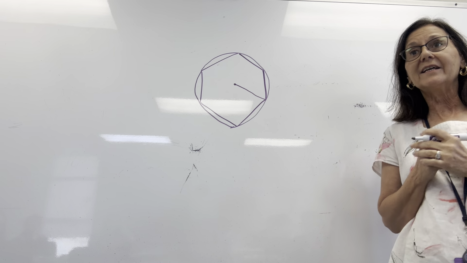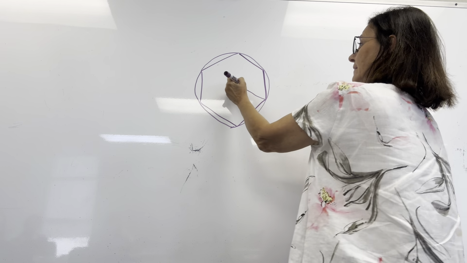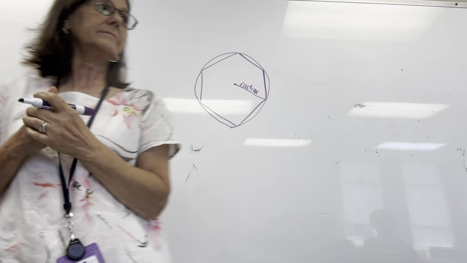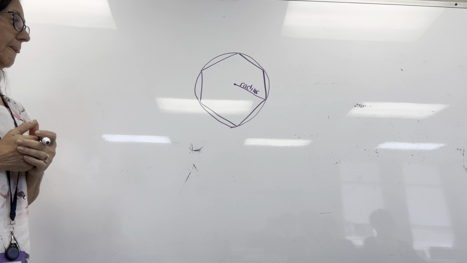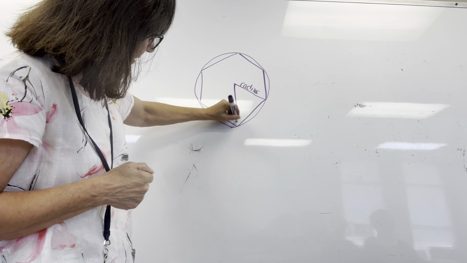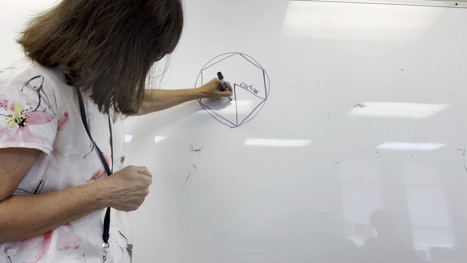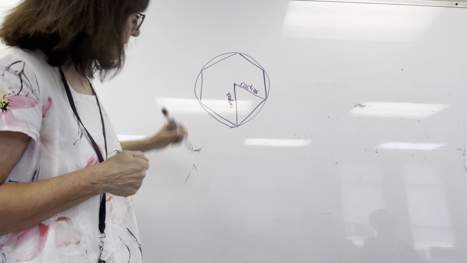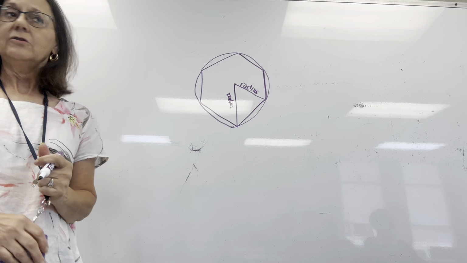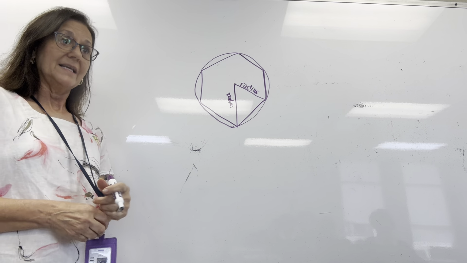Radius. A radius to the circle, right? That's a radius. And if I drew 2 radii, they're not going to look equal, but we're pretending, right? Then I would make a triangle, right?